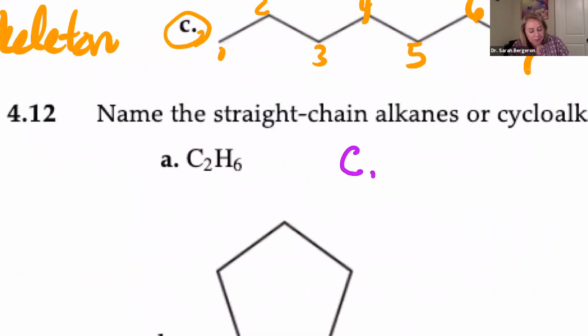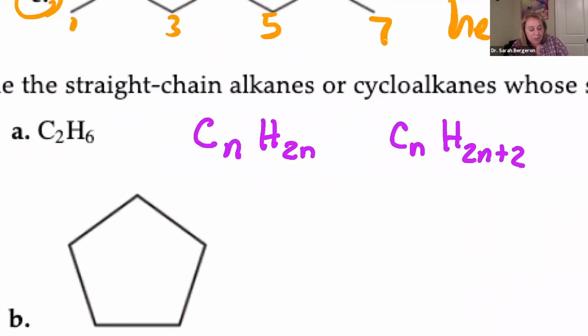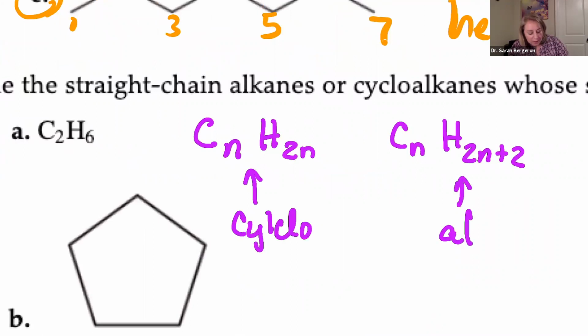Is my formula CnH2n, or CnH2n plus 2? CnH2n is my cyclo, and CnH2n+2 is my regular alkane.